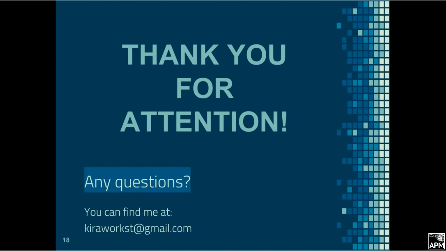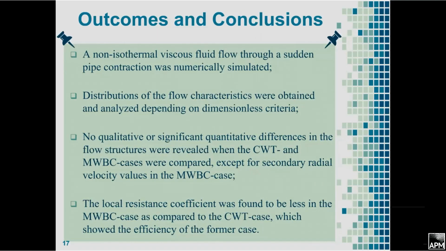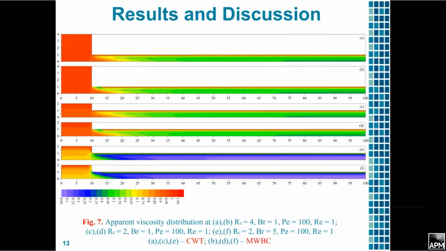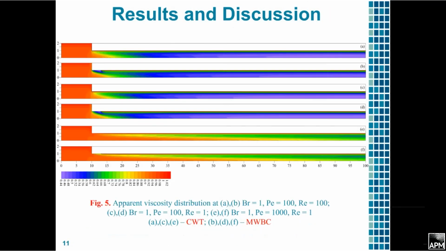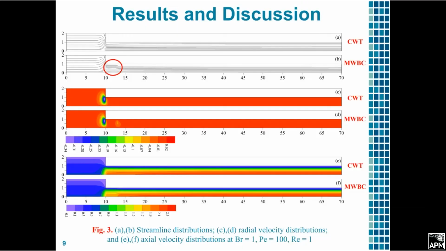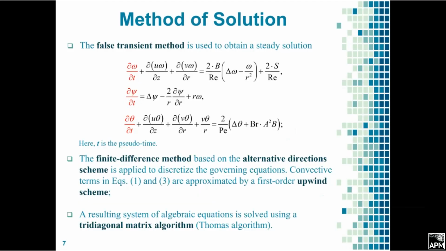Thank you. Do you have questions? In your system of equations, you had such a term, S over Reynolds number. I missed, what is S? And how did it appear there? S is a capital S. Yes, capital S. What is it?